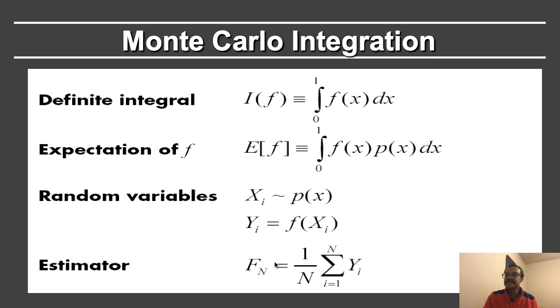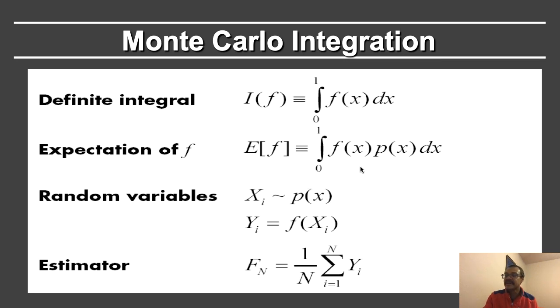We can then define this estimator as simply the mean of the y_i values. This is very important in Monte Carlo integration or Monte Carlo estimation, that you have an estimator which is then evaluated at the random samples you are drawing.